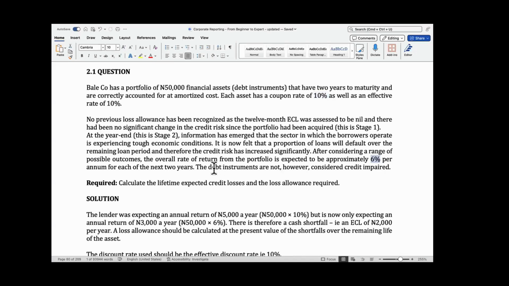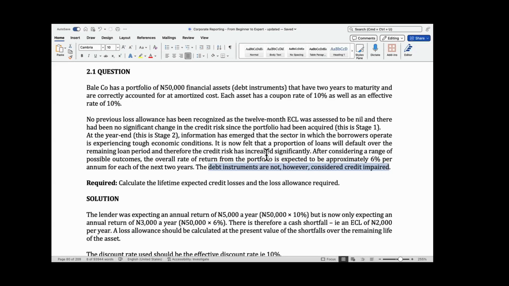But they said that the debt instrument is not credit impaired. So that means they are telling us in this question that it's not like this guy has defaulted. He hasn't. But for the fact that he's experiencing a tough economic condition, the guy cannot even pay the 10% anymore. He has communicated that he can only do 6%, which is fine.